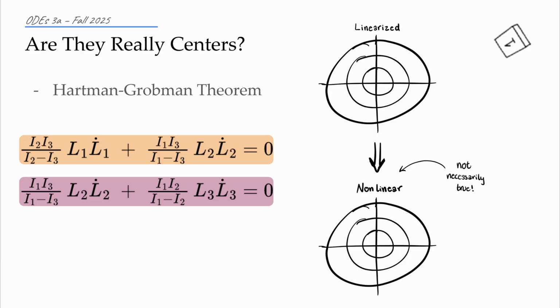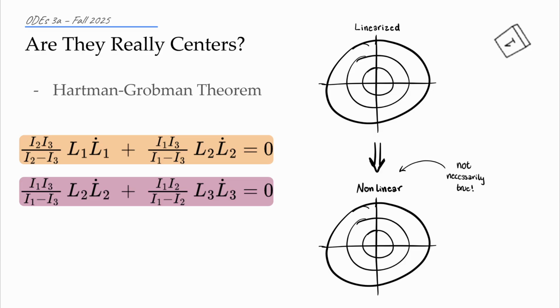This is because the Hartman-Grobman theorem indicates that if we find purely imaginary eigenvalues in a linearized system, which should indicate a center, that doesn't necessarily mean that the equilibrium of interest in the corresponding nonlinear system is a center.